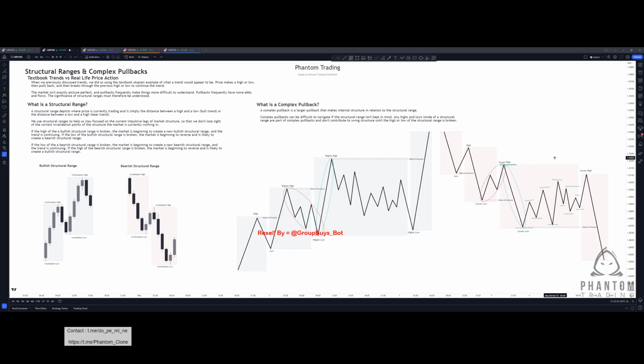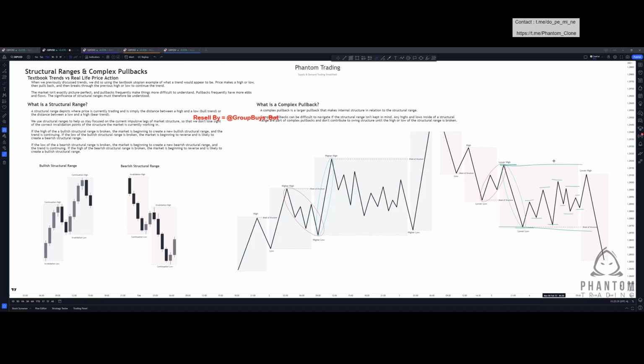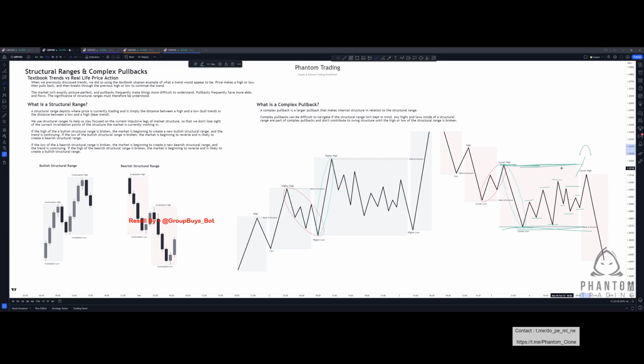Now, of course, while this is all happening, this is pretty confusing price action to be taking note of, but the thing that we need to keep in mind is the structural range that we're trading within. This is going to make sure that we're still on track for understanding the bearish price action that is happening. We have our invalidation point high and we have our continuation point low. Our invalidation point high, like I said, is if we break and close above this point, the bearish trend is invalidated and we could potentially be shifting higher or bullish.